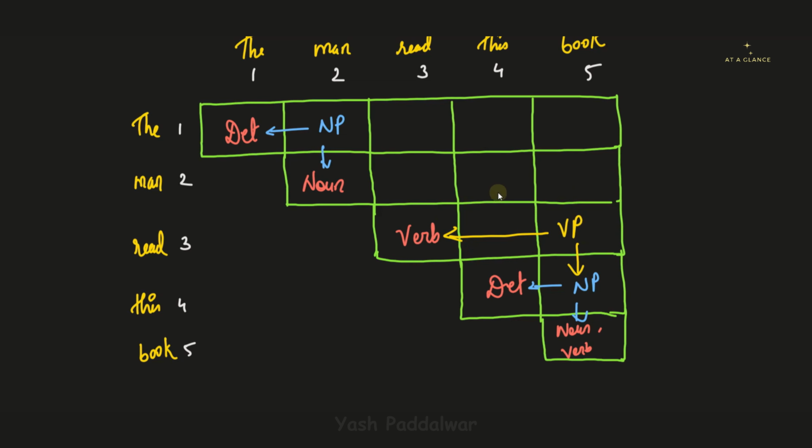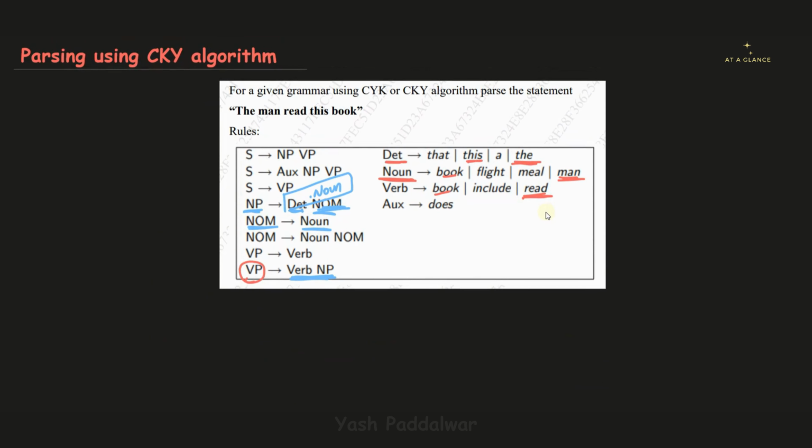Now, let's try to see what exactly further can be combined. Now, over here we have verb phrase and we have noun phrase. Let's check whether verb phrase and noun phrase can be combined, whether it is present together in the rule. Let's see. Over here, you can see in the very first rule, noun phrase and verb phrase are appearing together, and the start is actually comprising these two.